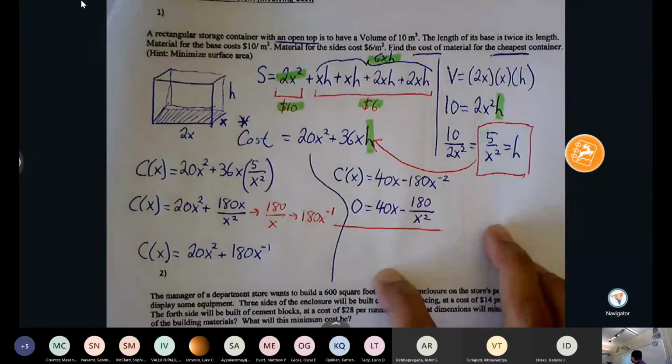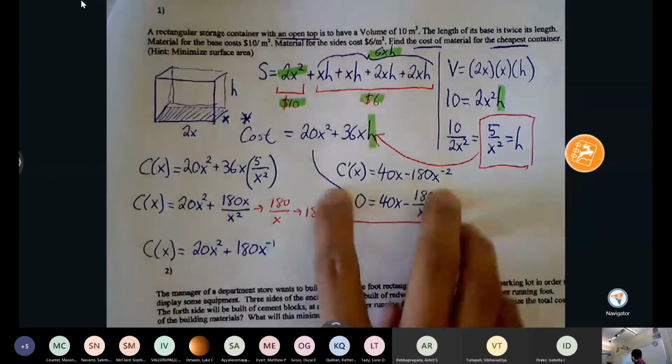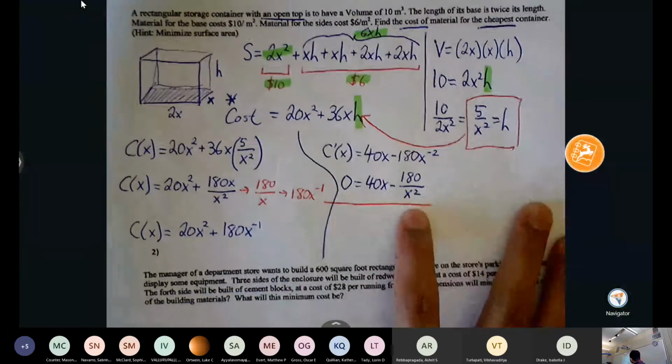Maybe time crunch is not going to be as much of an issue in this class since you have a little bit more time than in others, but I would suggest that you stop here and move on to the next problem. But for now, we're going to finish this.